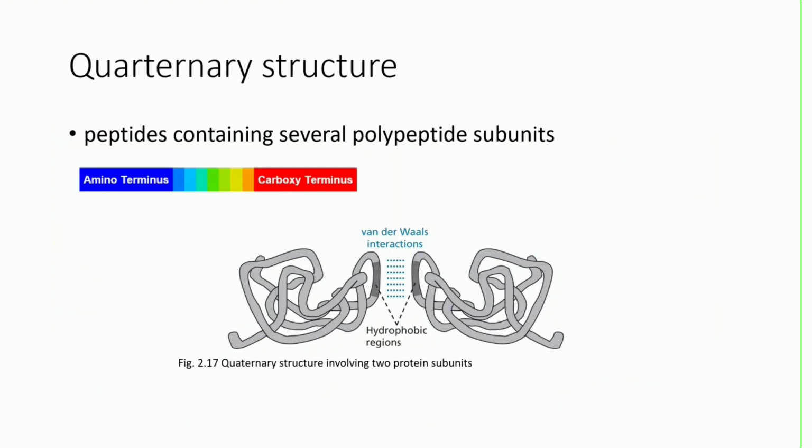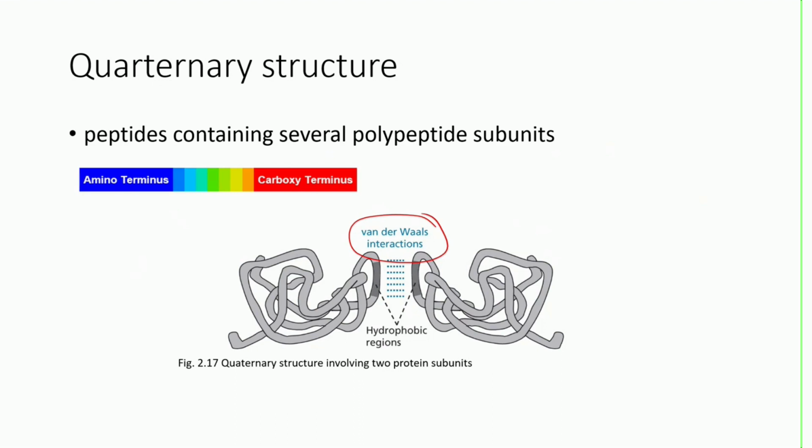And the last type of structure is the quaternary structure, and it means that two polypeptide subunits can be associated in one peptide via van der Waals interactions or any other non-covalent interactions.